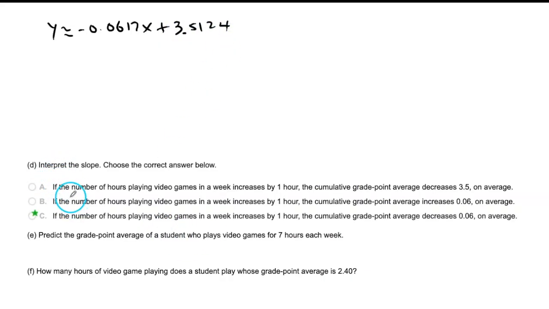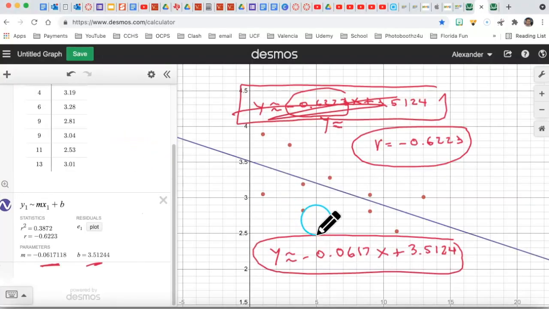Interpret the slope. This is a negative slope. Okay? Remember, I shouldn't put y and x.